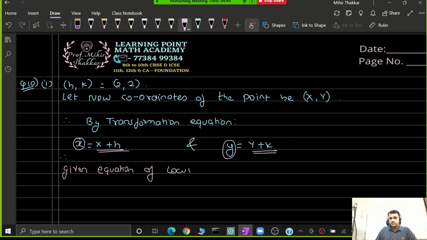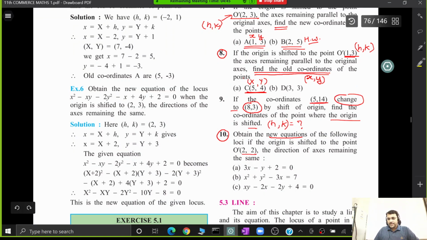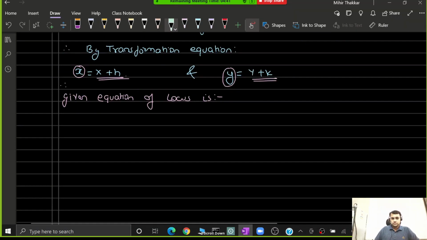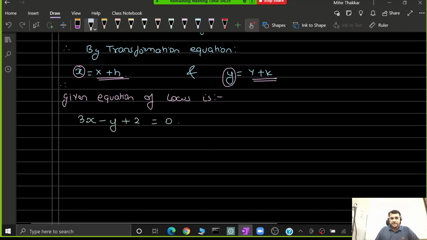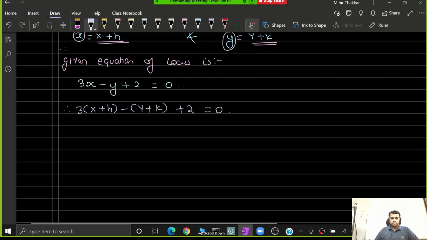Given equation of the locus is 3x minus y plus 2 is equal to 0. Now just substitute the values of x and y in their respective places. So this is 3 into (capital X plus h) minus (capital Y plus k) plus 2 is equal to 0.